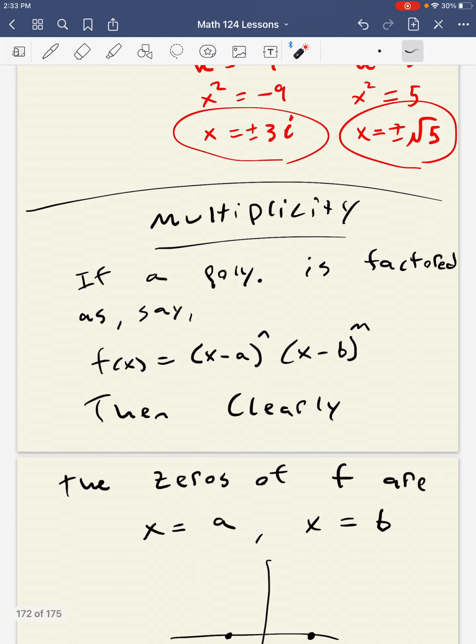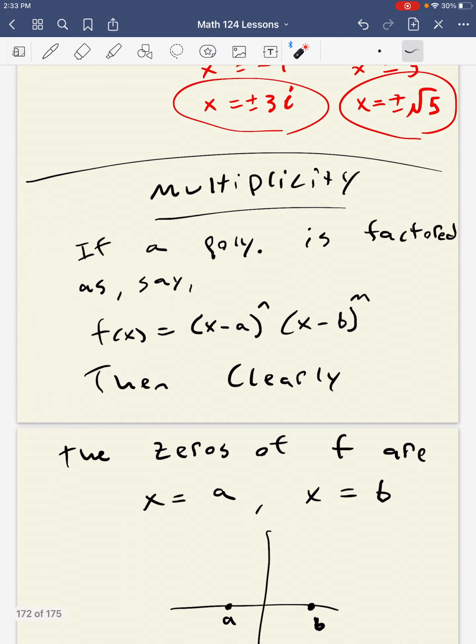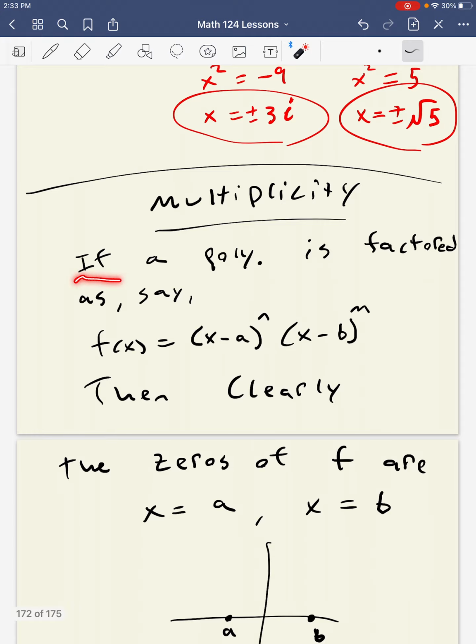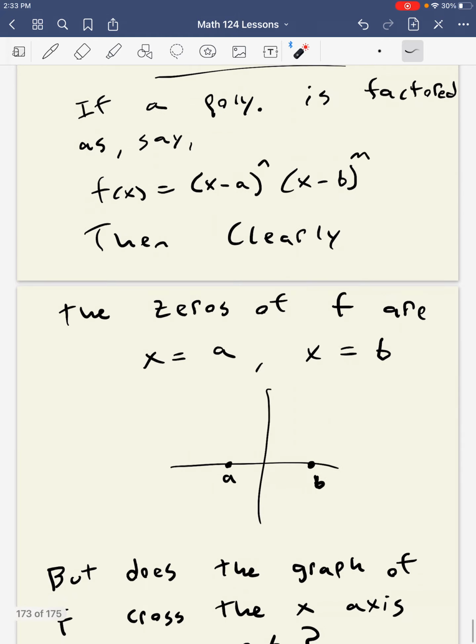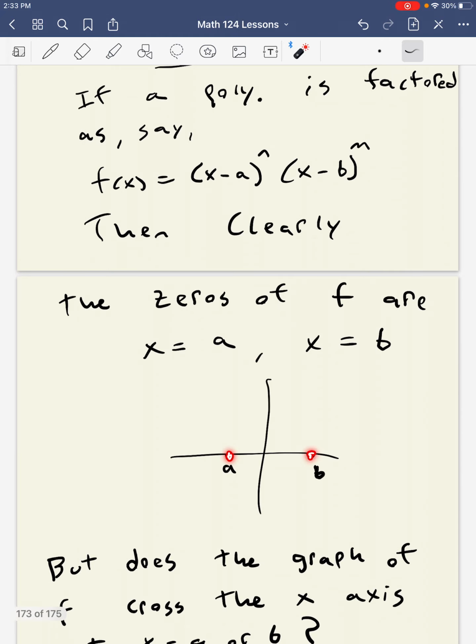It's just the number of times this factor appears. Okay, so let's say a polynomial is factored in this way, x minus a to the n, x minus b to the m. Well then, if we set the whole thing to 0, clearly the zeros would be a or b, right? So I'll put a and b on the number line here on the xy plane.